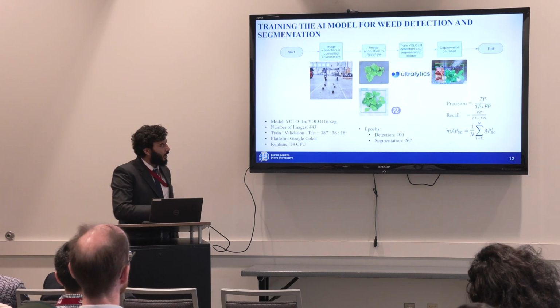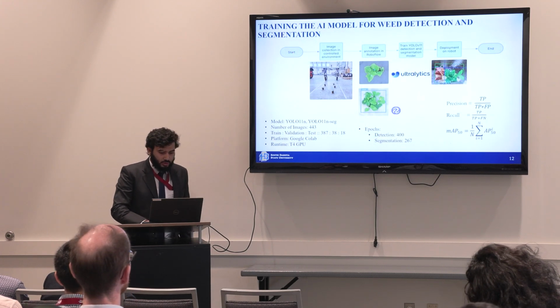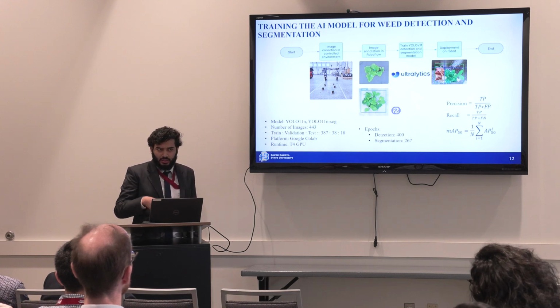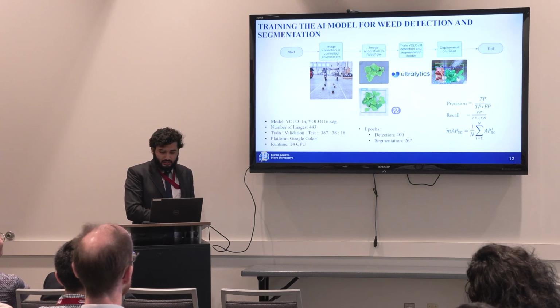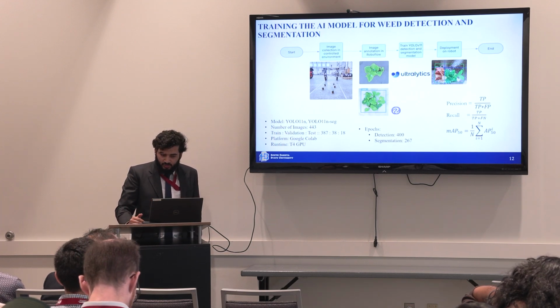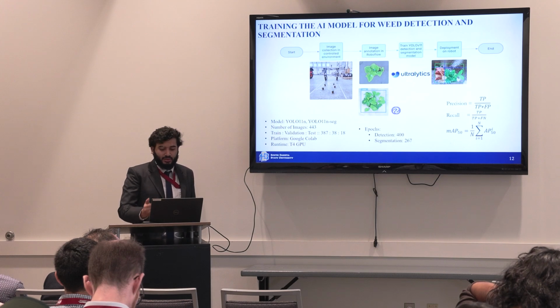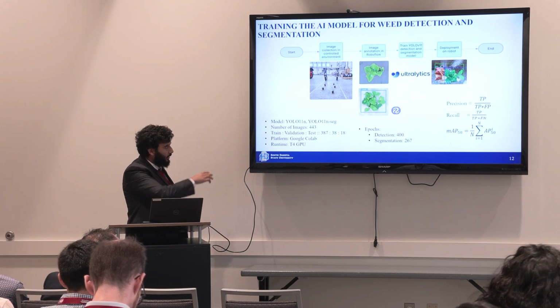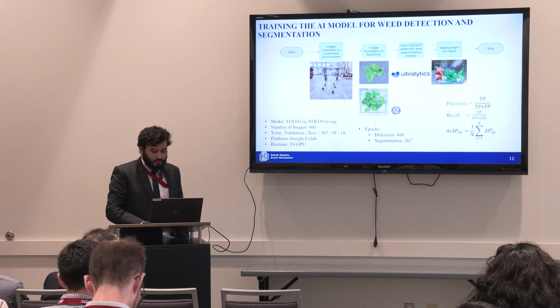This is how we got started. First of all, the image acquisition took place in a controlled environment where we conducted this experiment at this stage. Then those images were annotated using Roboflow. We trained the model and then we finally deployed it on the robot. Here you can see all the data split and the number of epochs we used.